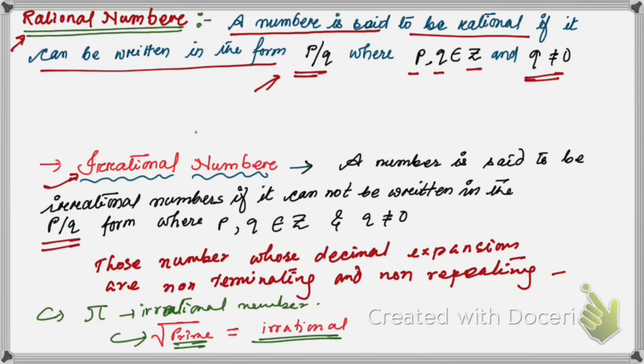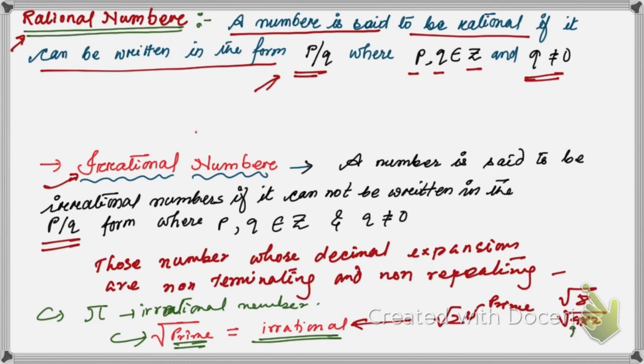Let me give you an example. Suppose you have root 2. Here 2 is a prime number, so root 2 is irrational. Suppose you have root 8. Now 8 is not prime, but if you factorize 8, you will get 4 into 2, and the square root of 4 is 2.